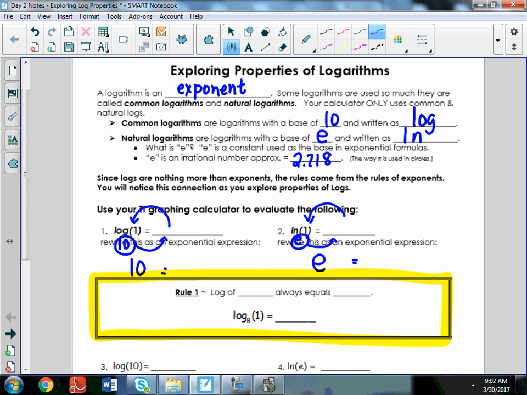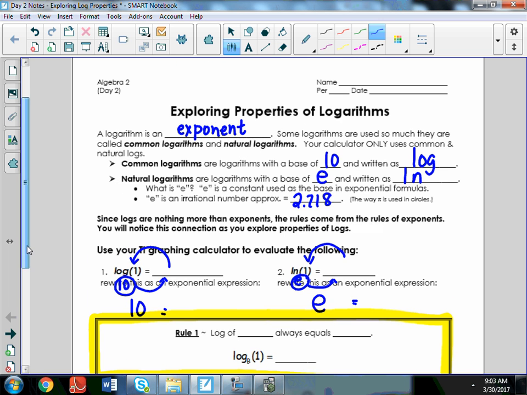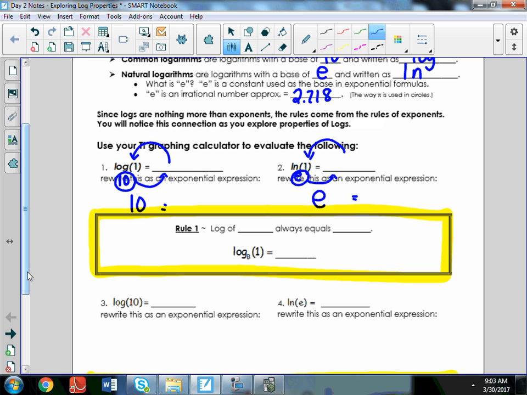Since logs are nothing more than exponents, the rules come from the rules of exponents. So you'll notice when you think about the exponent rules, it's the exact inverse. It's the opposite of what you would think. Use your graphing calculator to evaluate the following. The way you type them in, this one is log 1.